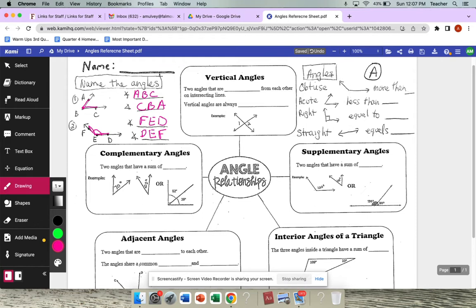And then we're going to talk about different angle names before I get into the rest of the reference sheet. So this is an obtuse angle. It's more than 90 degrees and less than 180, but you can just say more than 90. An acute angle is a little angle, less than 90 degrees.